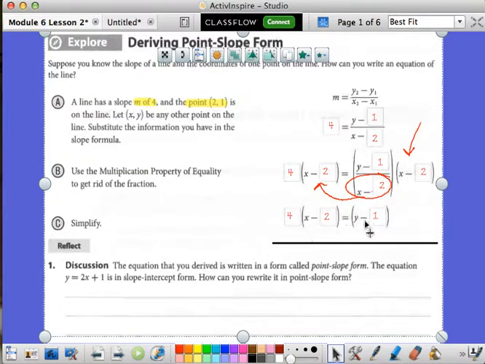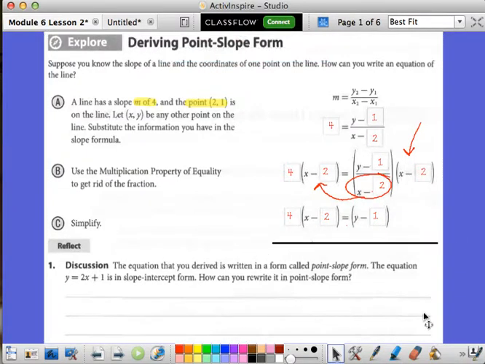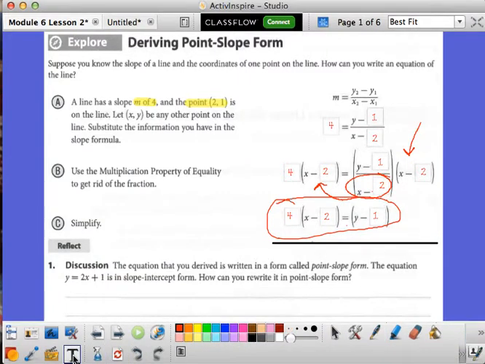This is the form. When you have an equation in this form, the m times x minus, I should say x2 minus x1, I'll write it out in full for you here.